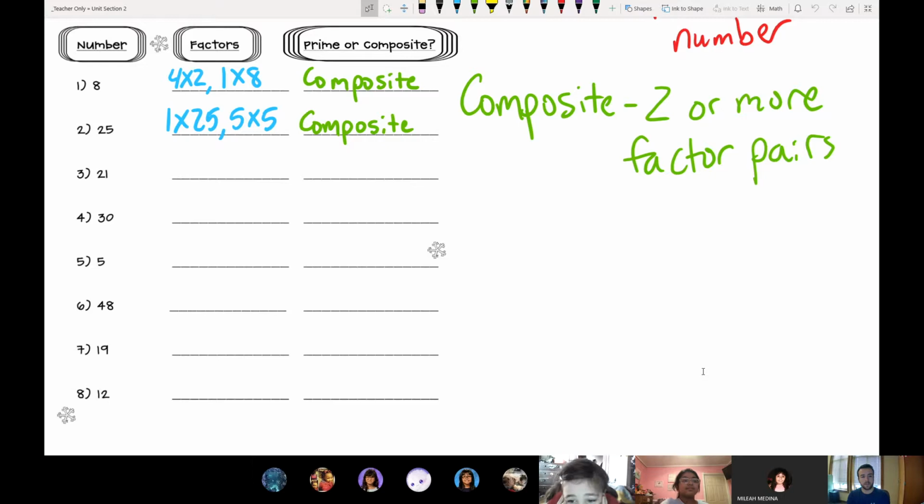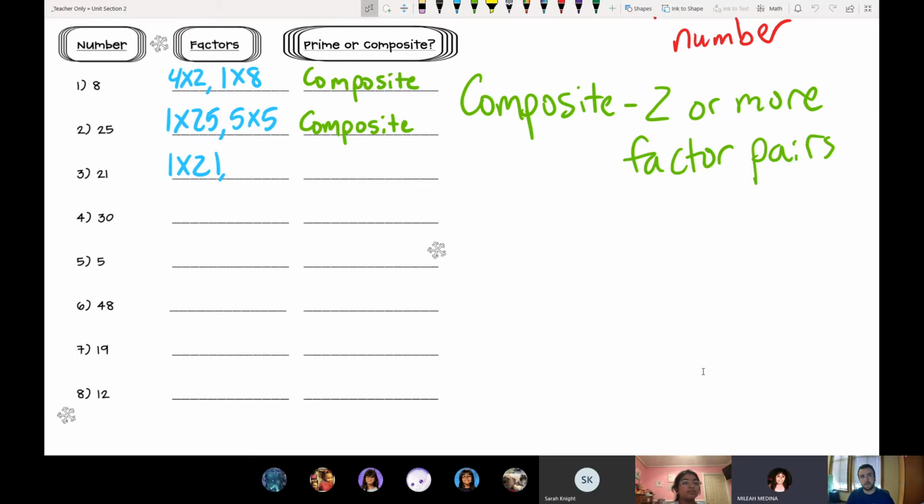All right, so looking at 3, it says 21 is the number. What are the factor pairs of 21? Can someone help me? Okay, Malia, do you want to help me with 21? Yes. 1 times 21. Great. And it's a prime number.